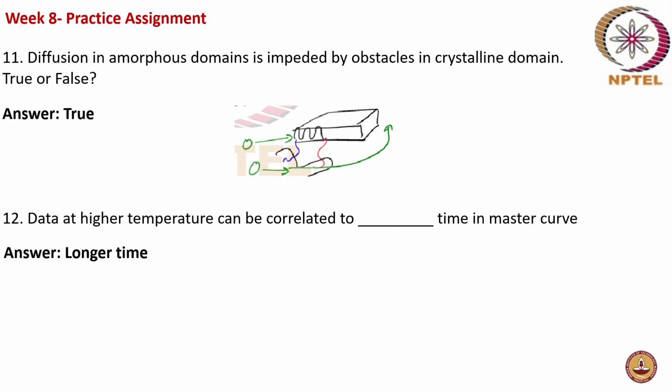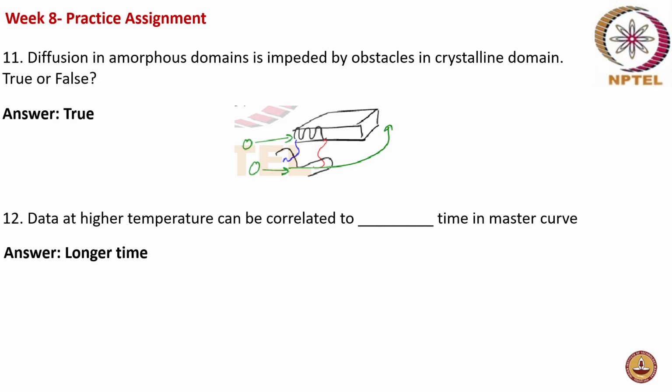Higher temperature means there will be more segmental flexibility. So this can also be correlated to estimating the material behavior at a long time, giving ample time for the material to relax.